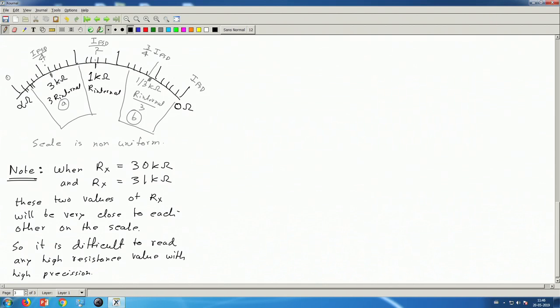Similarly, this is true for high values of resistance. So this is note 1.